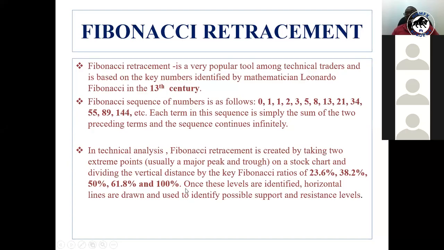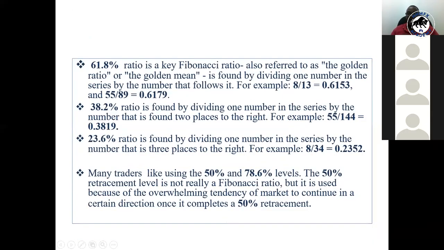But the ratios that are Fibonacci ratios are 23.6, 38.2, 61.8. 50 is not a Fibonacci ratio. 100 is not a Fibonacci ratio. But 23.6, 38.2, 61.8, those are Fibonacci ratios.